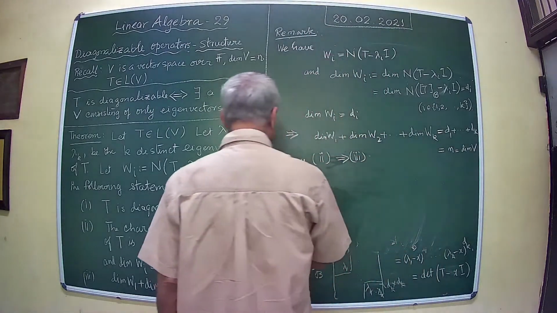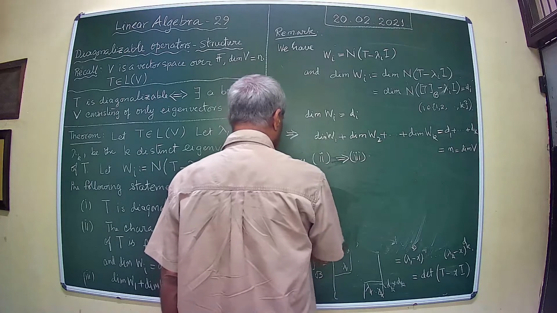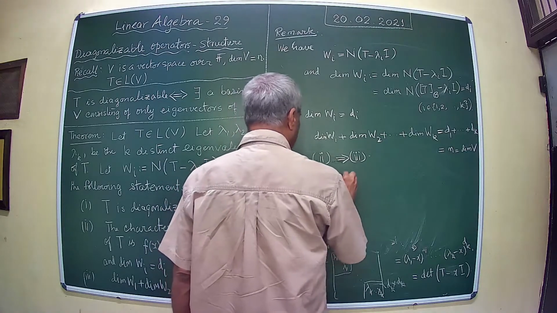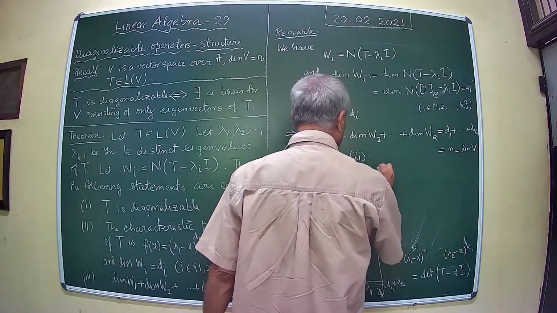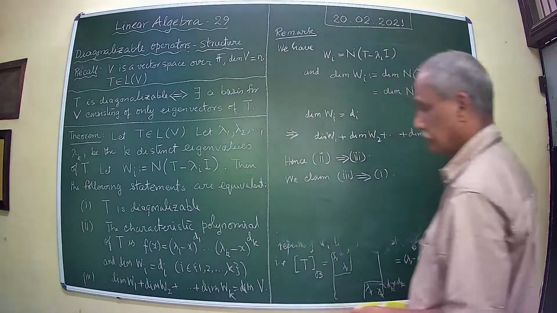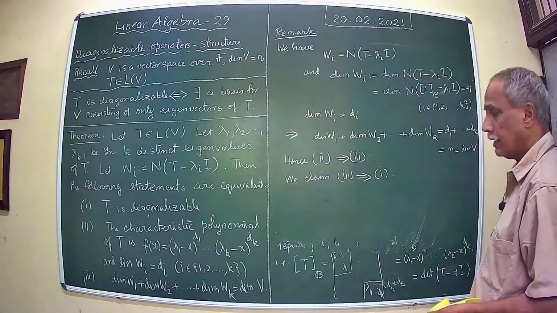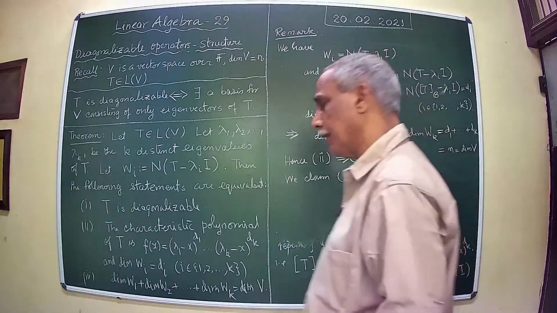Now what does this mean? What are the elements of Wi?